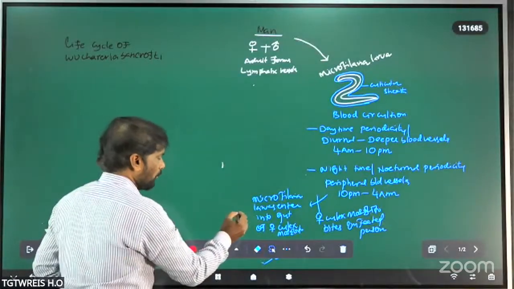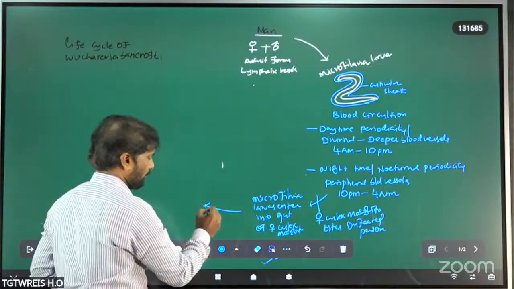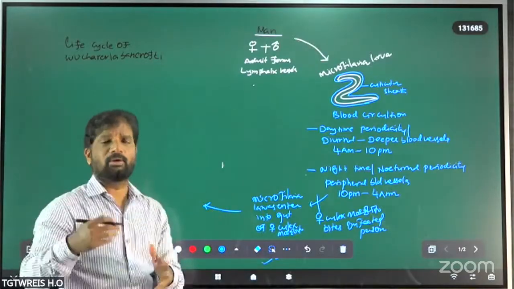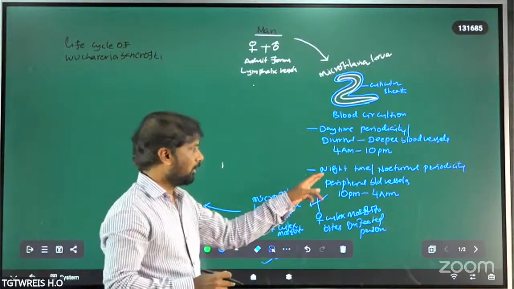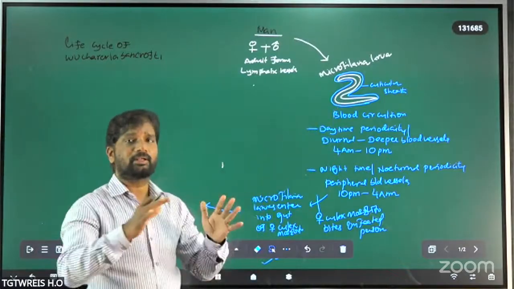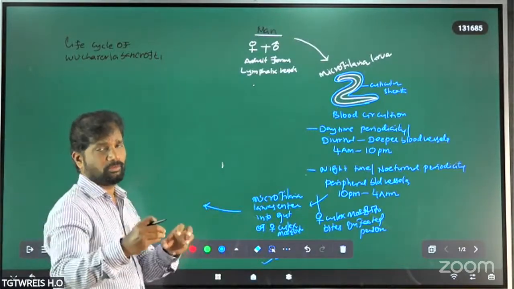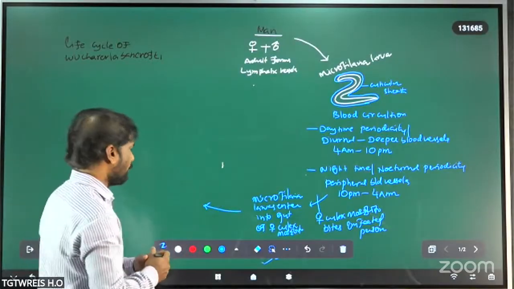After 2 to 6 hours, the loose sheath is dissolved by the digestive enzymes of the female Culex mosquito.